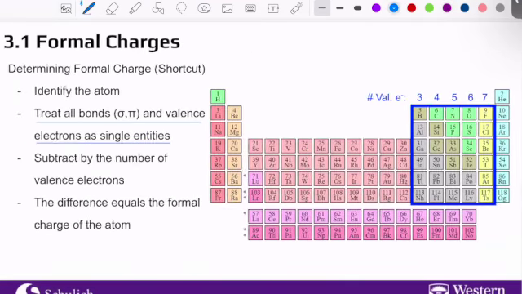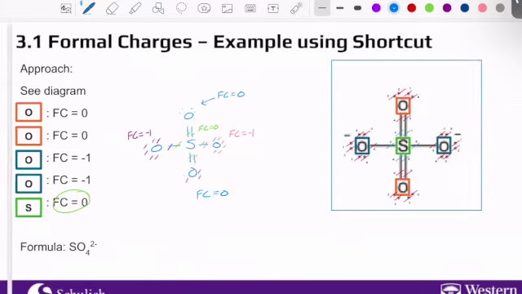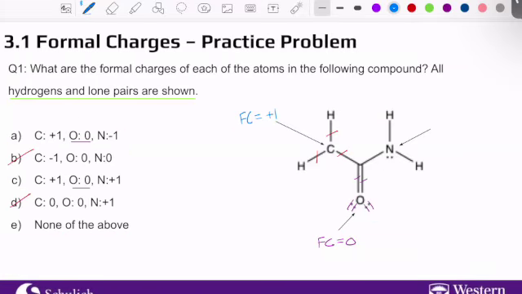We know that nitrogen has 5 valence electrons, meaning we start counting from 4. 4, 3, 2, 1, 0. Meaning nitrogen has a formal charge equal to 0. Meaning it can't be A, and it can't be C, meaning our best answer here is E.